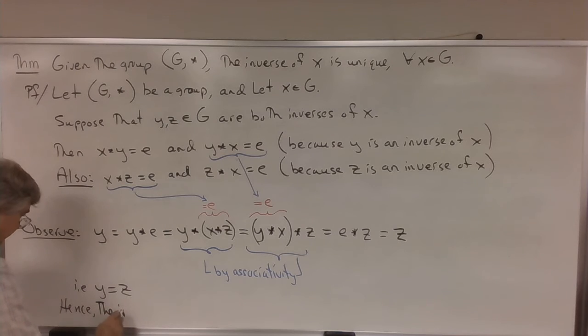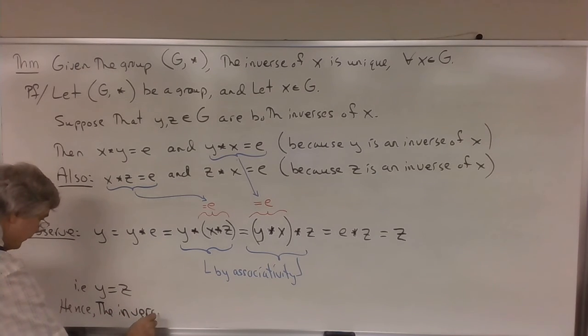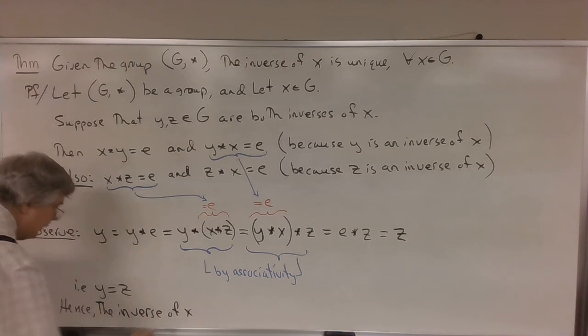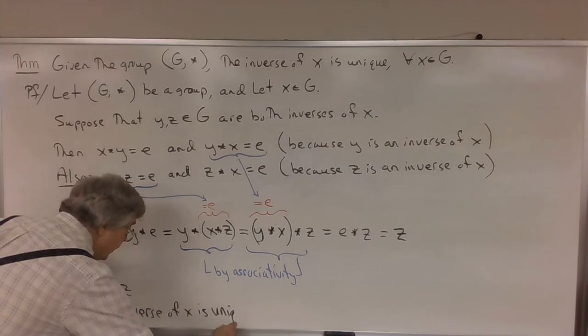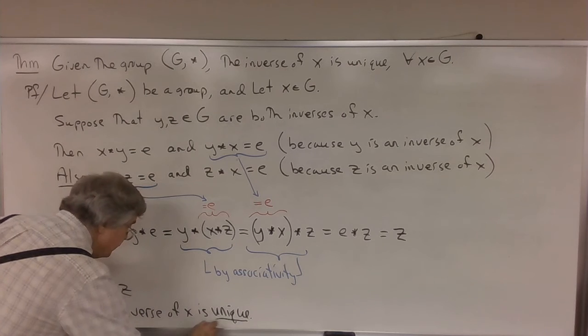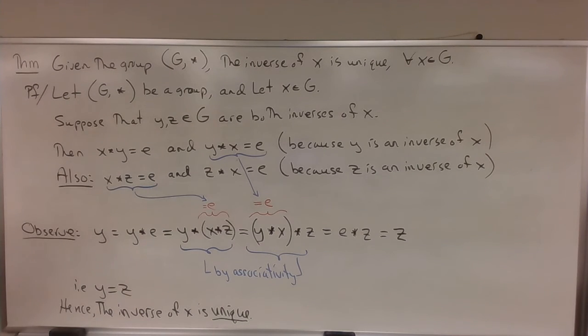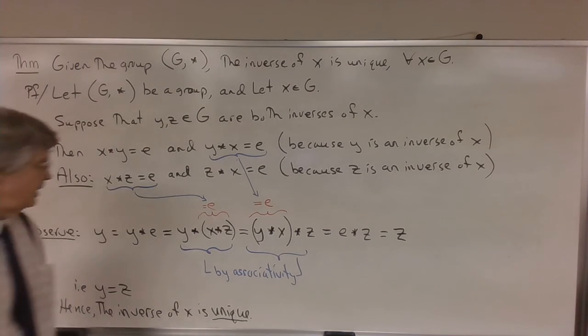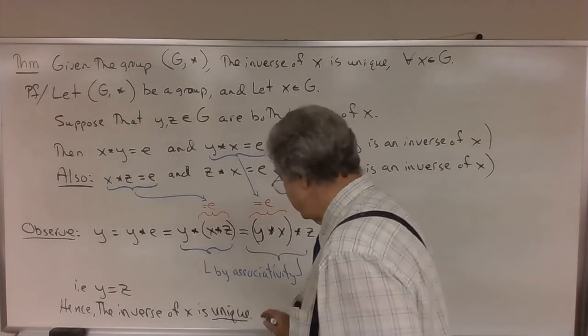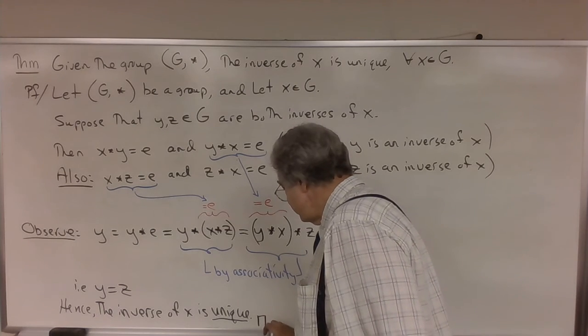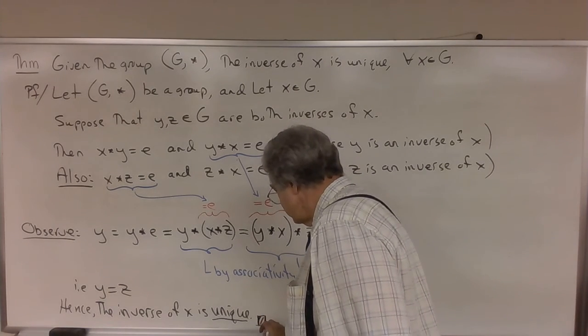So the inverse of x is unique. We assumed that there were two. We assumed there were two inverses, y and z, and it turned out that they had to be one and the same. So they are definitely unique.